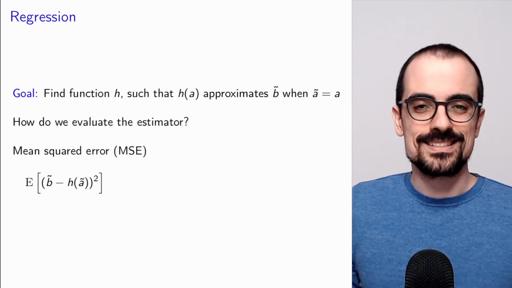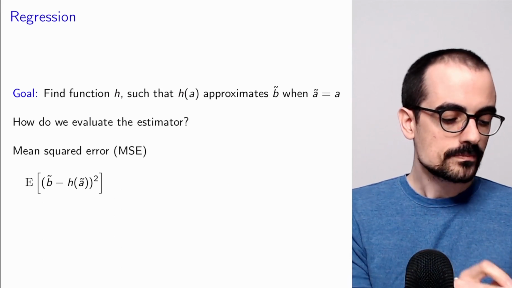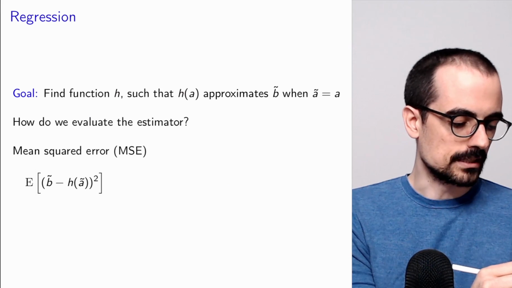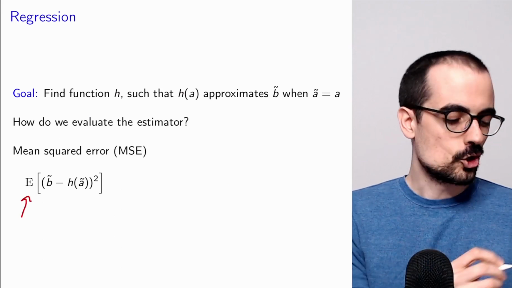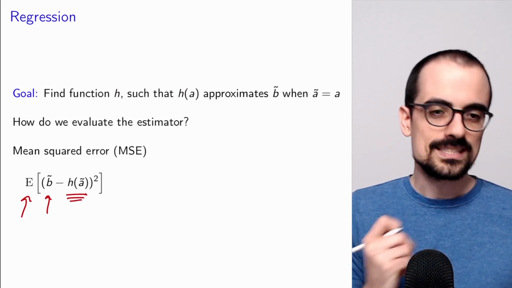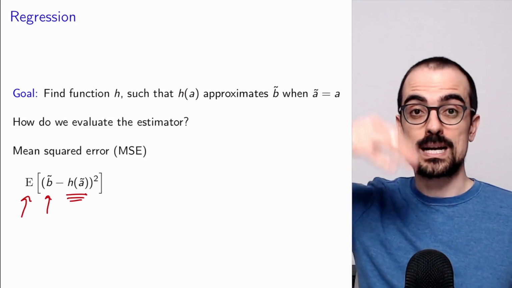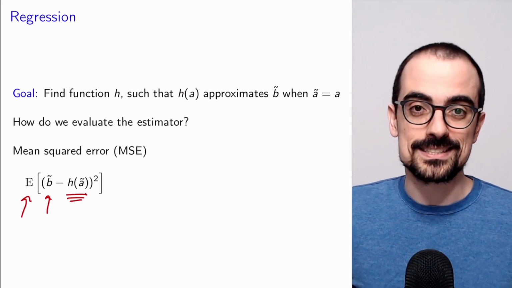Just to make sure that we're clear, this is the mean of the random variable b minus this function that estimates b from a, where we plug in the random variable a because we want to capture the probabilistic behavior of the estimator.